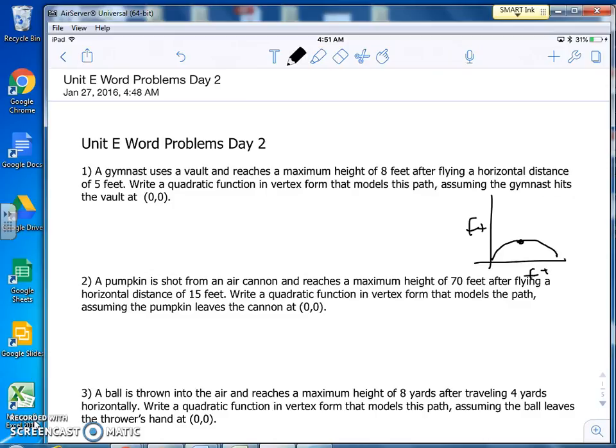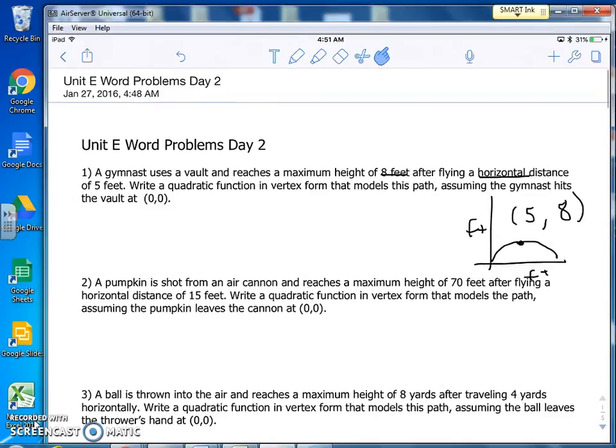We have the vertex here, and the vertex has an x distance of 5. That's the horizontal. Horizontal is going to be our x distance, and a y distance of 8, the height of 8, and that's right there. So there's just kind of a quick sketch of what's going on.